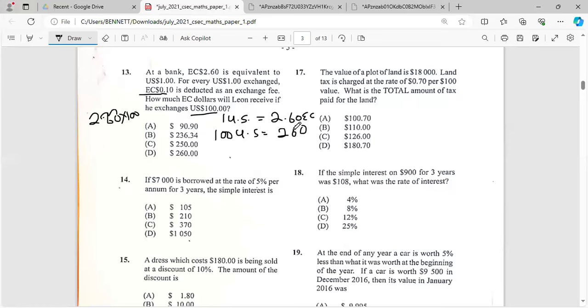But remember, for every US $1 exchanged, 10 cents are going to come out. That's 10 cents EC, so we need to work out what that is.